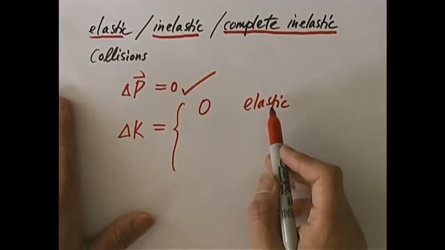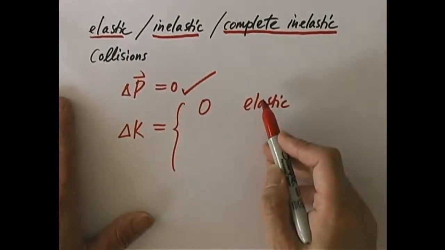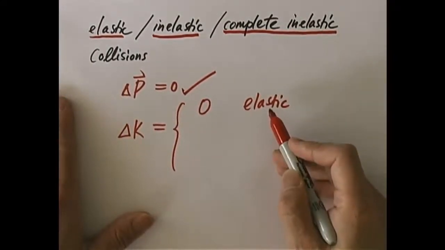Okay, an example would be a basketball that's well pressurized. And you hit the floor with that basketball. It rebounds to almost the same height. Ideally it rebounds to the exact same height. The reason why it rebounds to the exact same height is because you didn't really lose any kinetic energy upon collision.